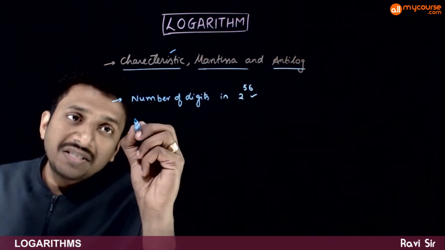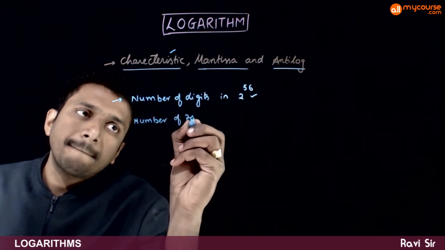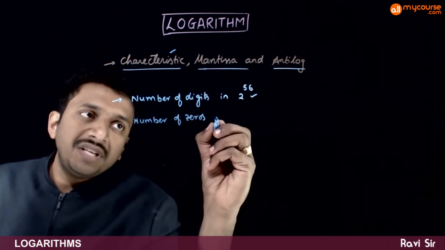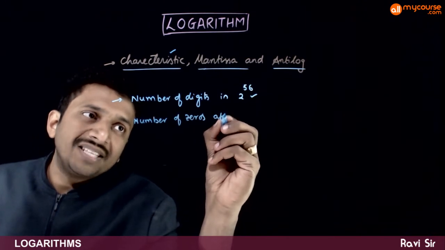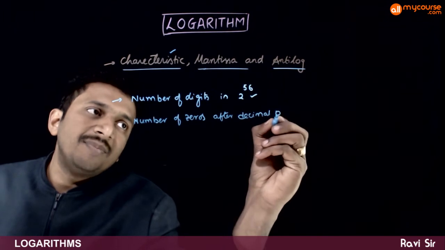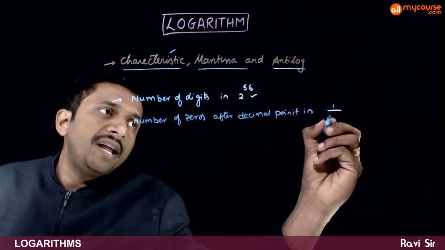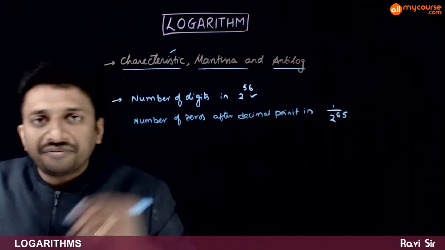And the next question is the number of zeros after the decimal point in 1 by 2 power 65.